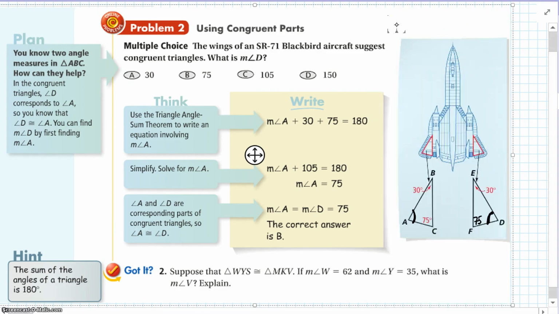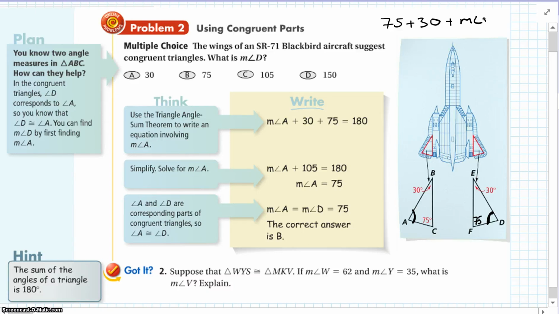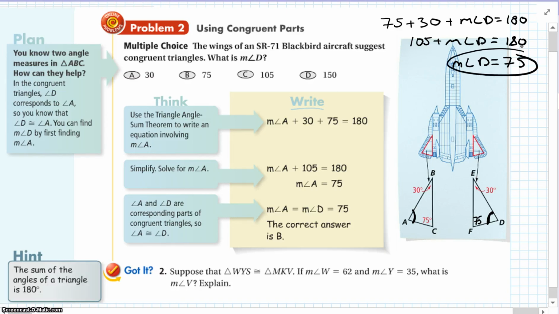So it would be 75 plus 30 plus the measure of angle D equals 180. So that'd be 105 plus the measure of angle D equals 180. So subtract 105 from each side. The measure of angle D equals 75. So the correct answer is B.